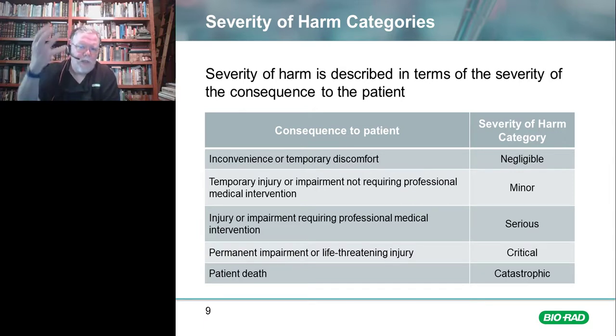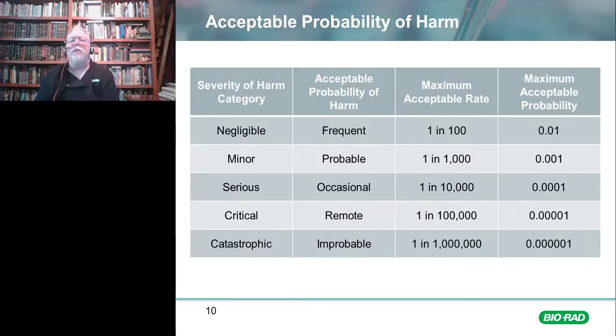And so you can see these different categories of increasing severity of harm, and then we have a corresponding probability of patient harm associated with each, where we start at negligible with an acceptable rate of 1 in 100, and then with each severity of harm, it drops by a factor of 10.